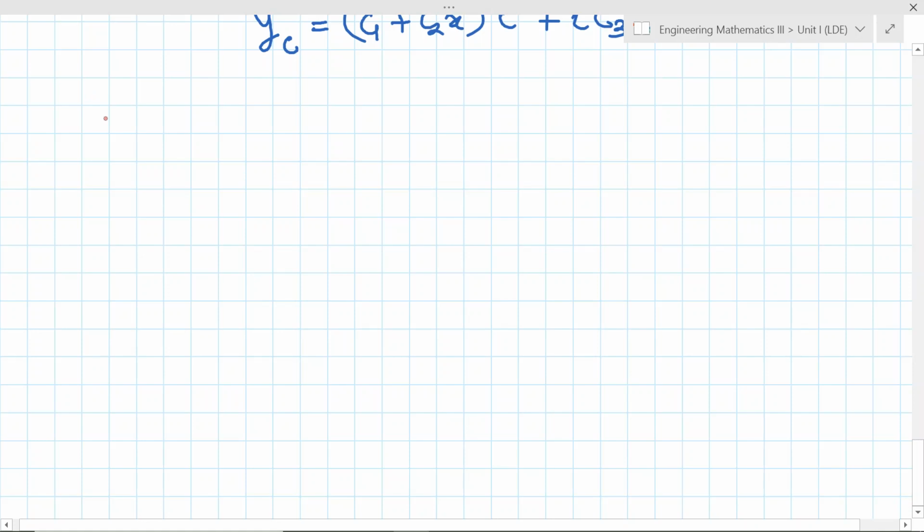So case number 3: if roots are complex. Okay, so this is a very important case and also a very simple case.